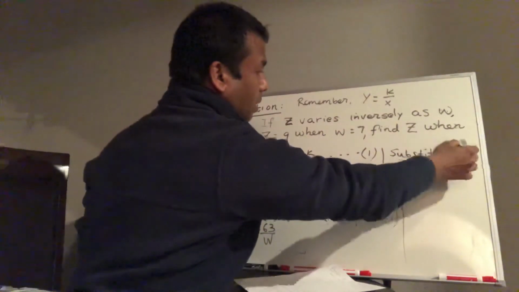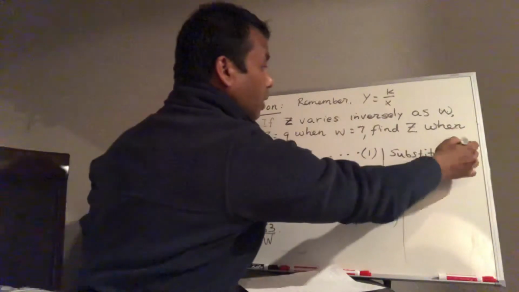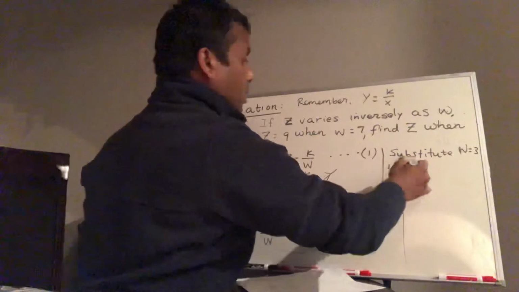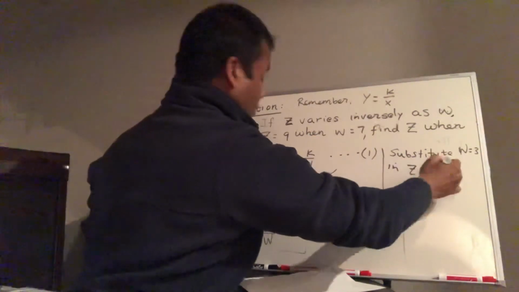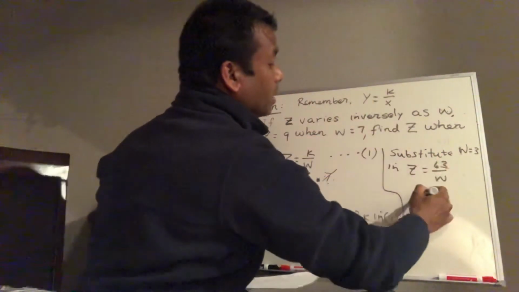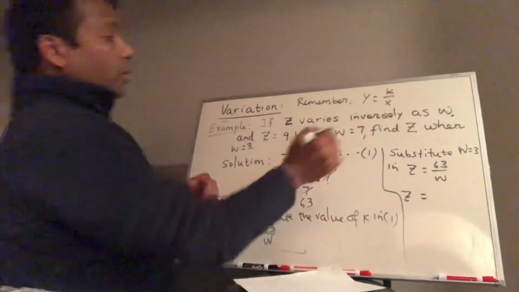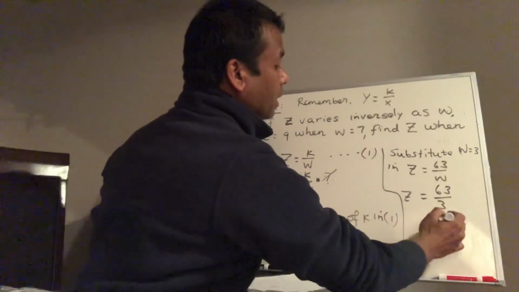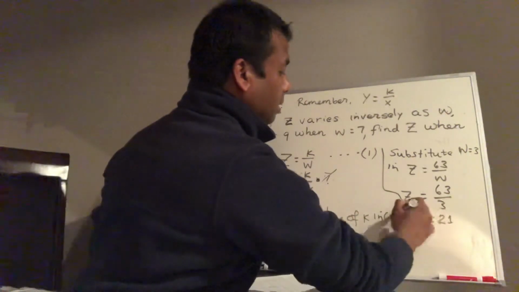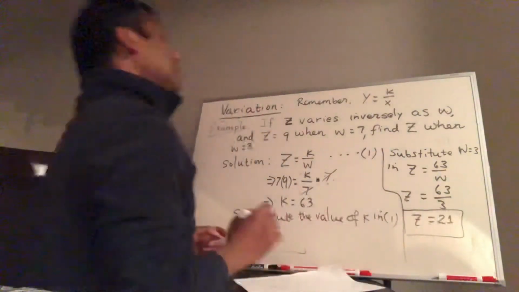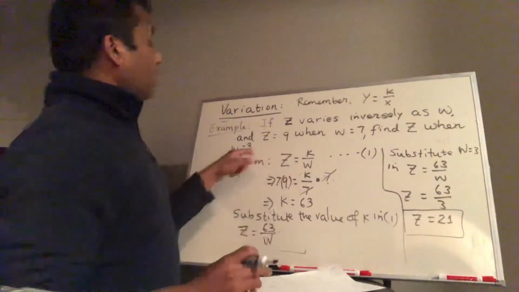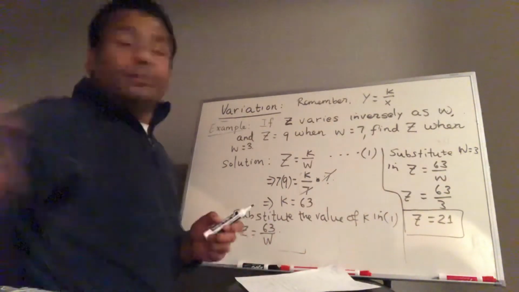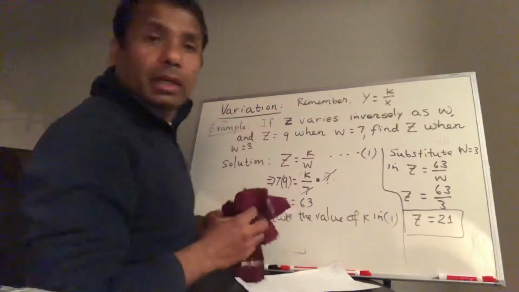Substitute W equals 3 in Z equals 63 over W. So it would be Z equals 63 over 3, which is 21. Right? So the value of Z is 21 when W equal to 3. Okay? So let me do the last example.